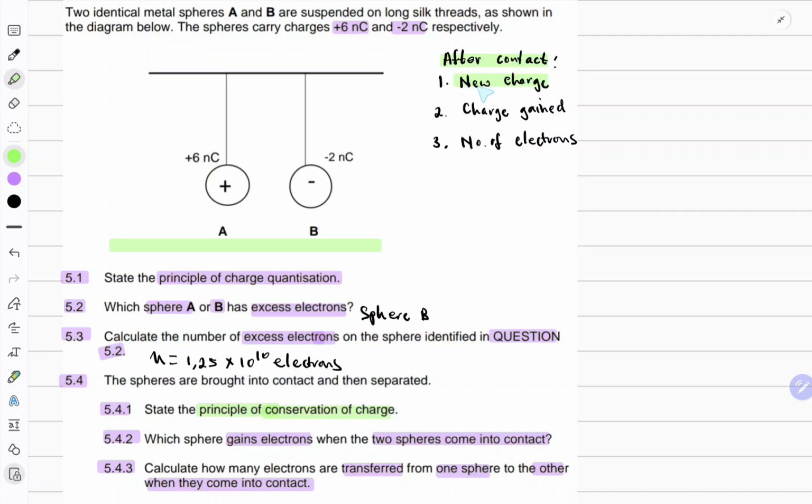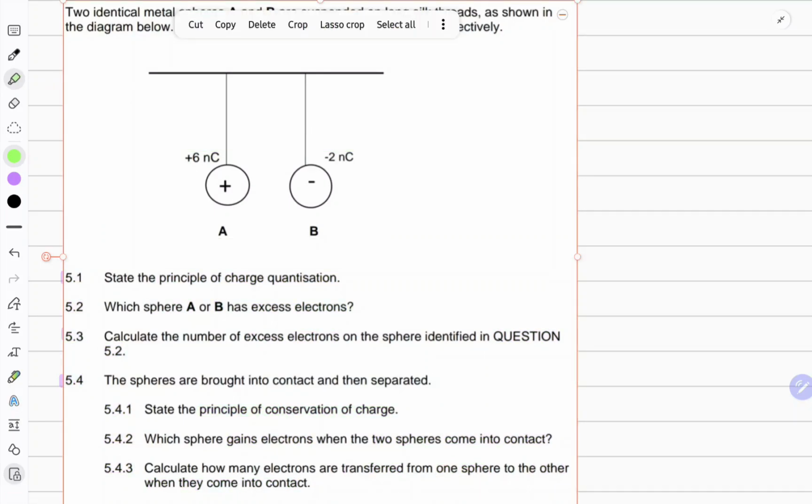Once you've figured out the charge on each sphere after they've made contact, then you can figure out from that the charge gained and the number of electrons.